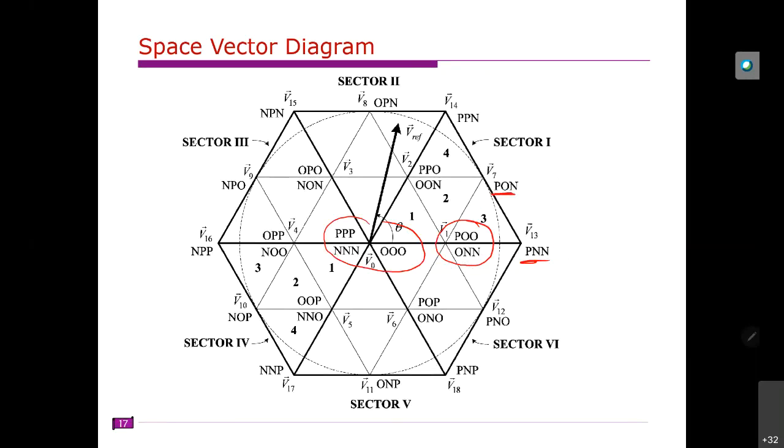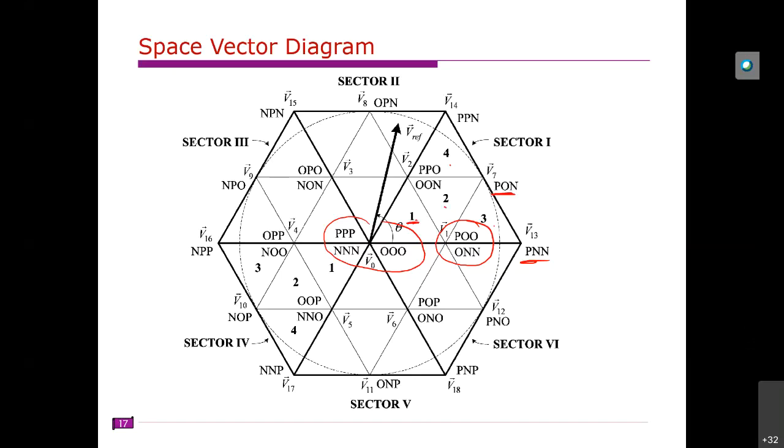Here the space vector diagram we divided into 6 sectors, starting from sector 1 to sector 6, and each sector again we divided into 4 regions. In this particular case, if you select sector 1, region 1, 2, 3, and 4, right?